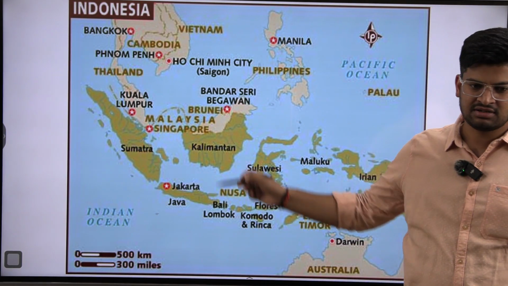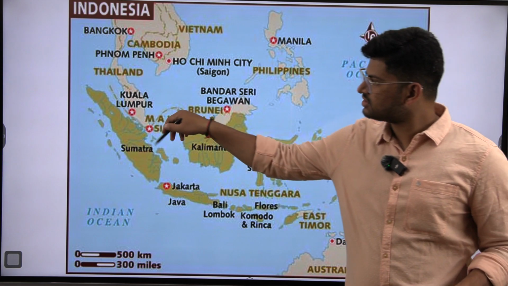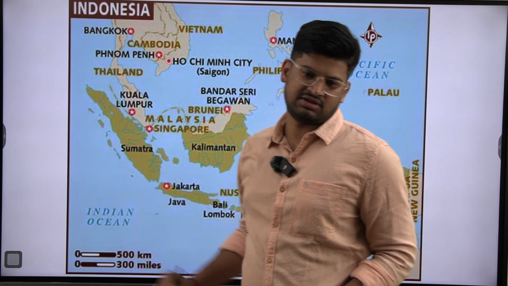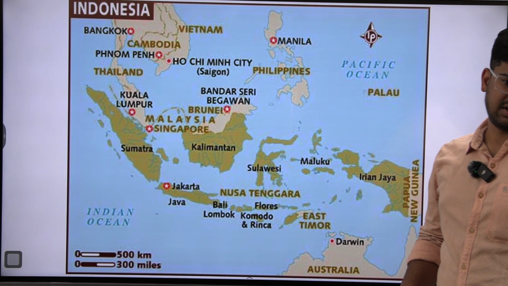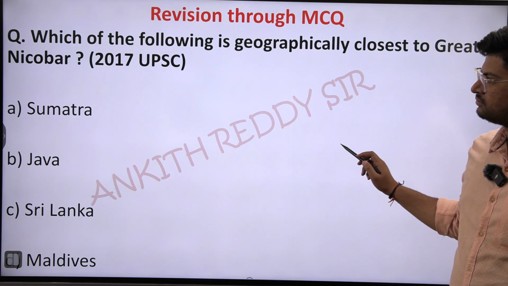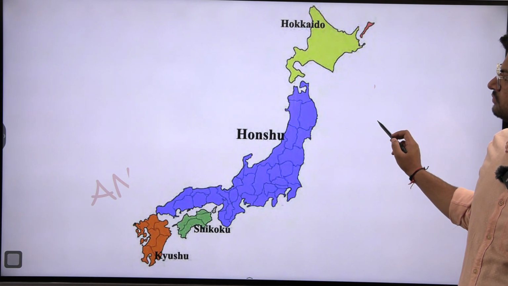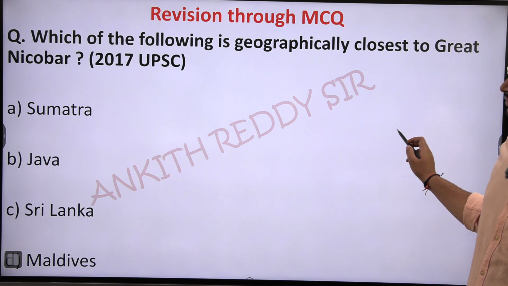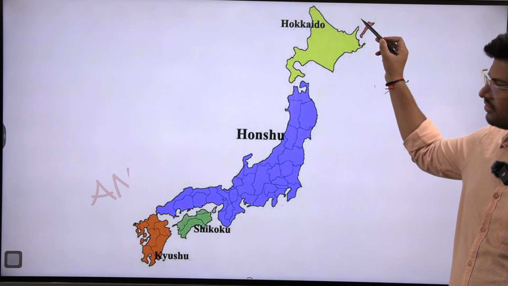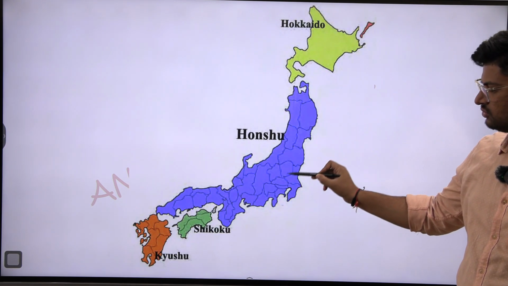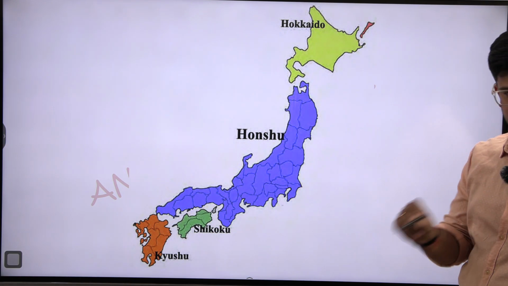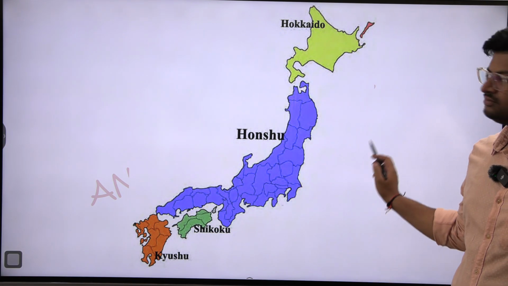So this is the Indonesian archipelago. The island close to us is Sumatra. Similarly, Japan also has islands like Hokkaido, Honshu, Shikoku, Kyushu. So these are also an archipelago.